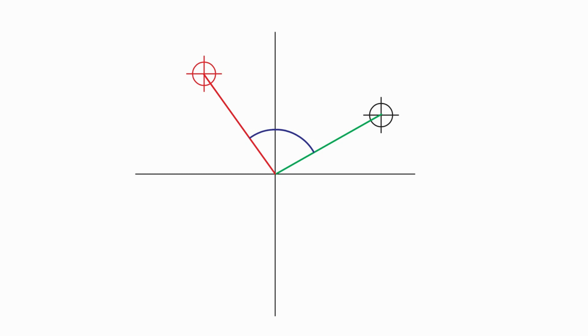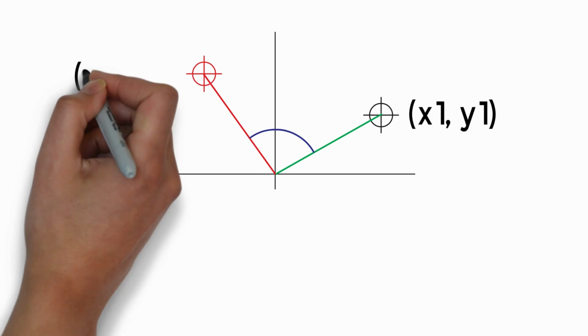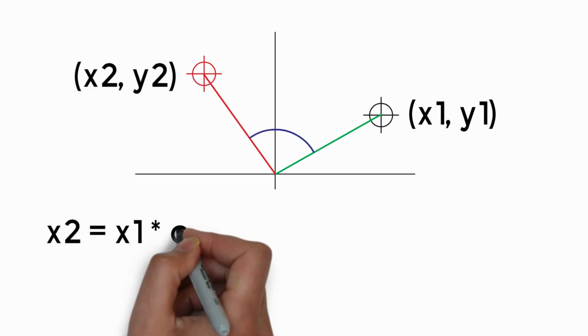So we need some sort of mathematical formula where we can take a point, the angle we need to rotate it by, and then give us the new point so that we can then plot those on the screen and draw the shape in the rotated direction. So if our original point has the coordinates x1 and y1, and we need to rotate it around the origin by a known angle, then the new position x2, y2 is given by this equation.